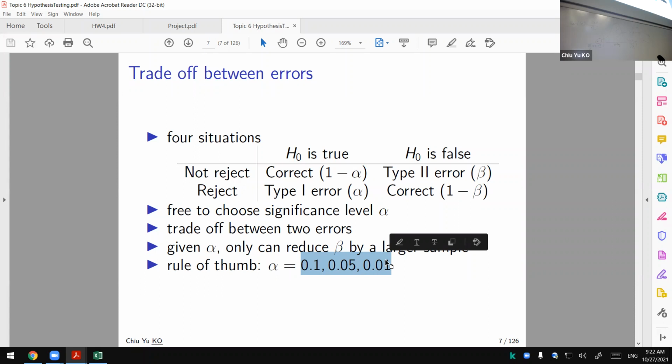The reason is that if alpha is getting smaller and you reject at the lower percentage, you also reject at the higher percentage. But anyway, let's have a break of 10 minutes, and then we come back. We will talk about how to do this exactly.